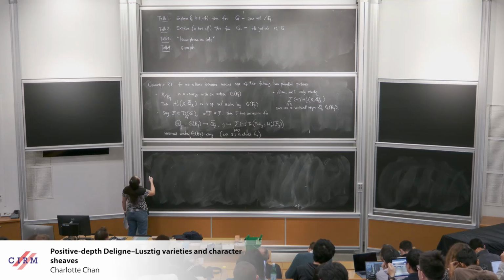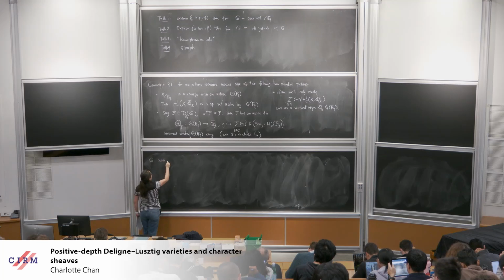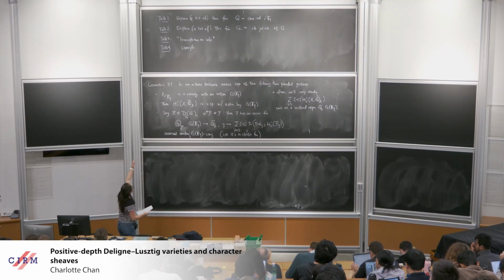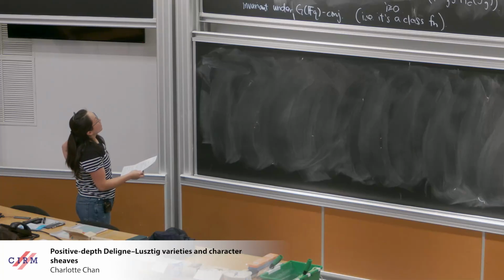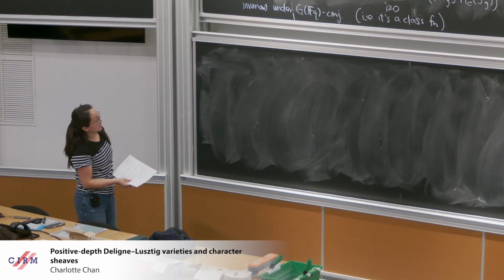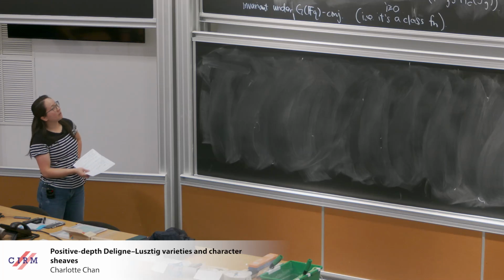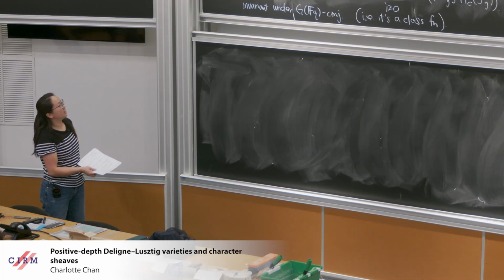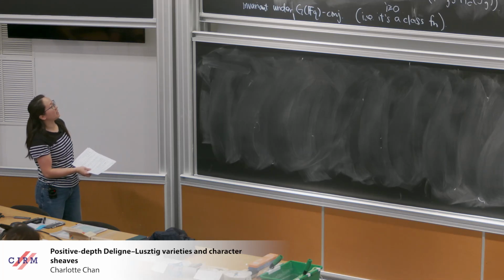Okay. So for G connective reductive group, oh, actually before I say this, the first bullet point in this setting is due to Deligne and Lusztig in a very famous and incredible paper in 1976.